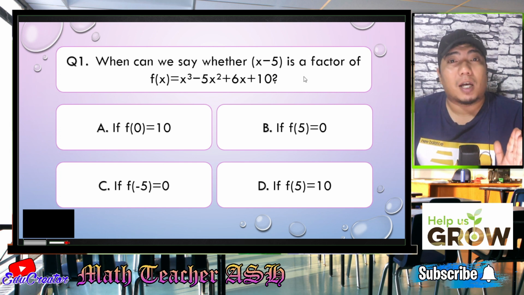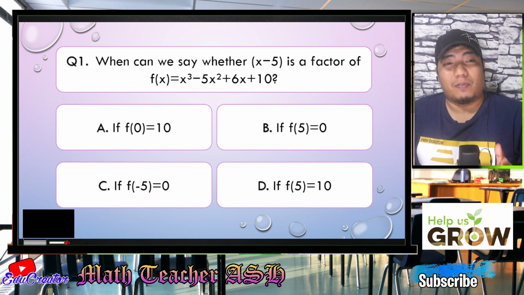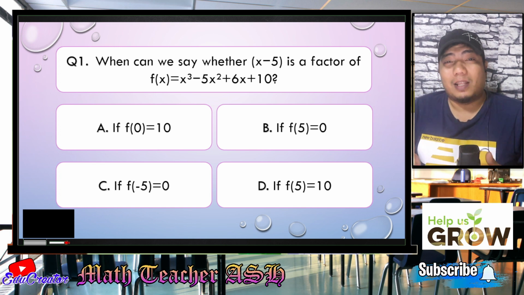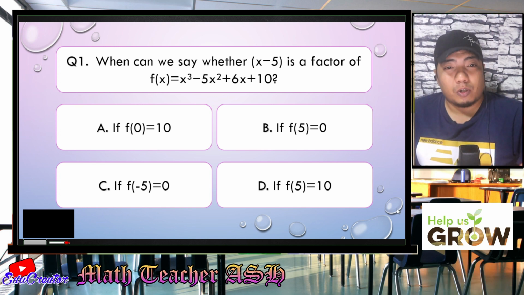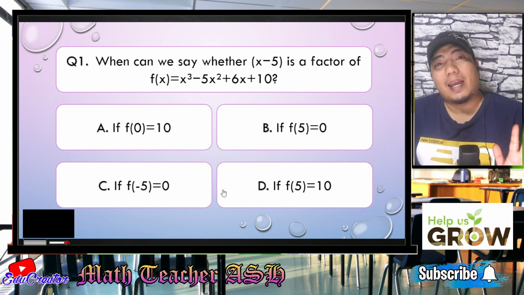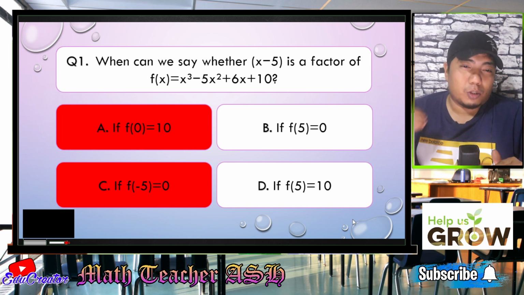So, that will become positive 5. Therefore, in knowing whether this is a factor of the given function, we start with f of 5. Among the choices, only B and D have f of 5. So letter A and letter C are already wrong. Now, which among these two is the correct answer?